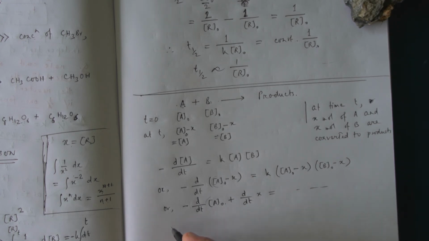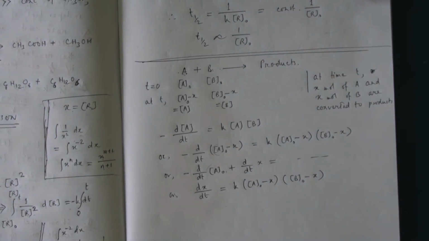So we get dx by dt equals k times (A naught minus x) times (B naught minus x).